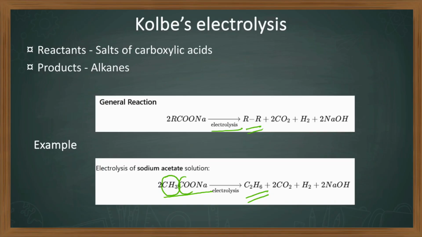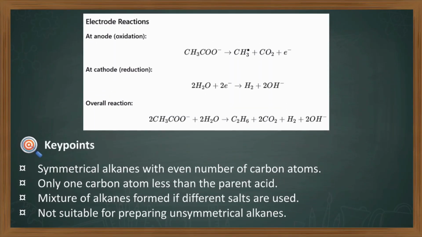The COO moiety escapes as CO2, and hydrogen is also liberated from the water we use for the electrolytic process. Since there is a removal of CO2 from the original reactant, this is a decarboxylation reaction by nature. We see how it happens.